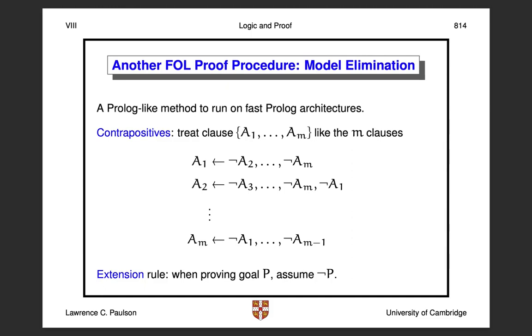I'm not sure ever in hardware, but certainly very fast Prolog software architectures were being built, and you could get a very high inference rate using this technique. But the techniques shown on this slide have been generalized into what is called the connection tableau method, which we're not really going to cover here, but you will certainly hear about this method if you continue in this field of automated theorem proving.